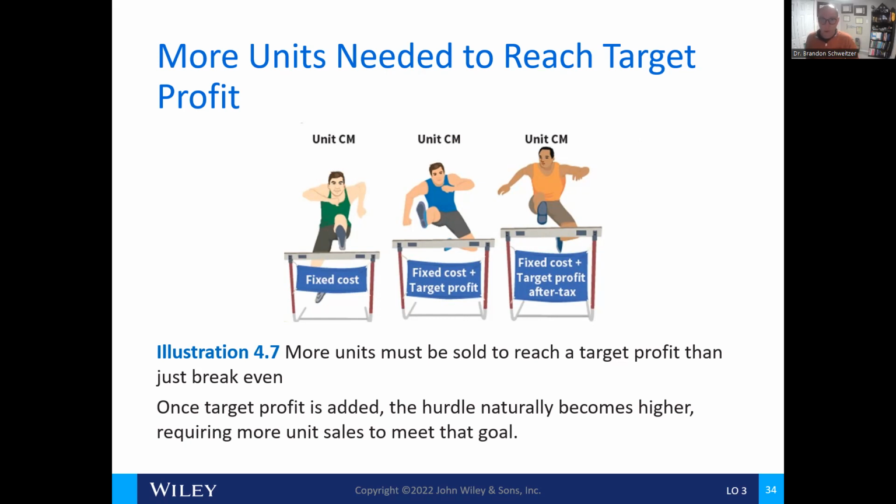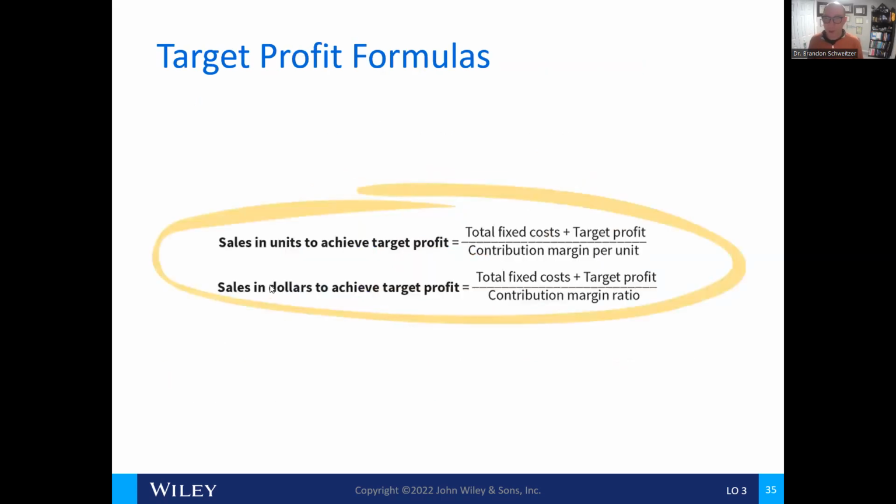We can also determine our contribution margin based off of fixed and target profit. Target profit, of course, is the profit we desire to earn in the future based off of our number of units of sales. Target profit is the profit we want to achieve.